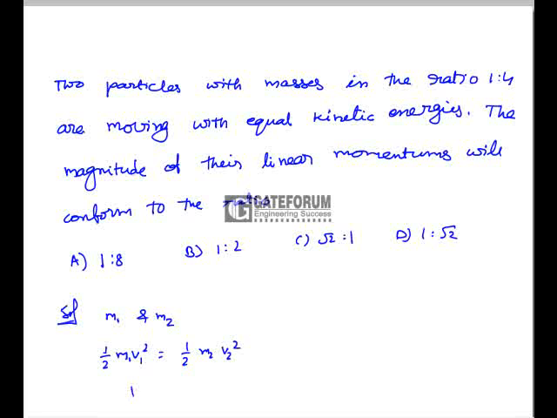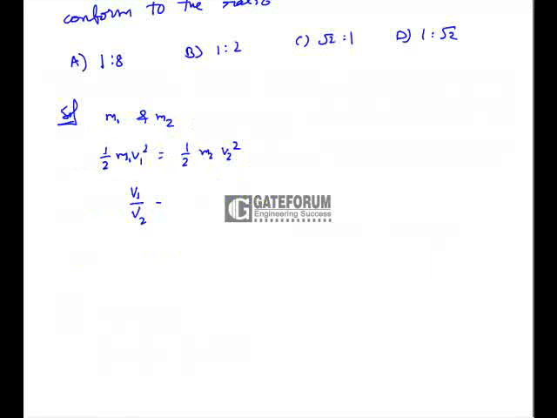Here, just take the ratio: v1 square by v2 square is equal to m2 by m1, that is 4. So v1 by v2 is equal to 2, that is v1 is equal to 2 times v2. Now we have to find the magnitude of their linear momenta, that is m1 v1 to m2 v2.